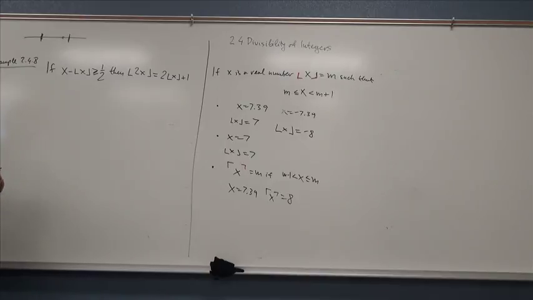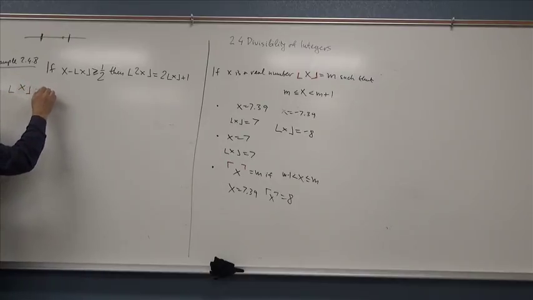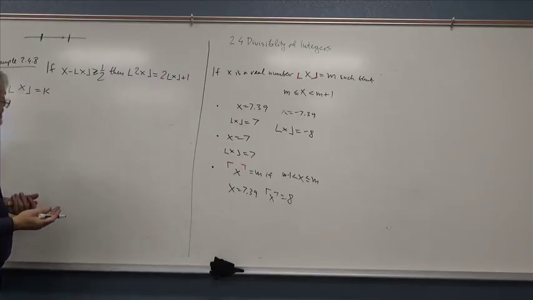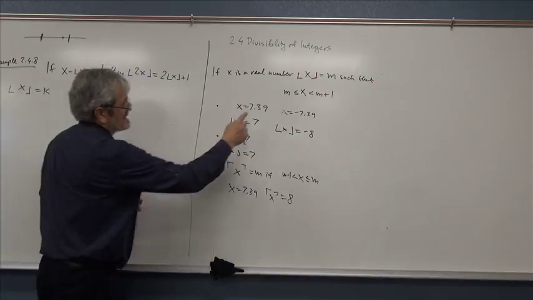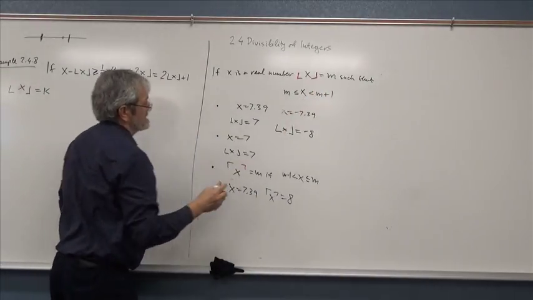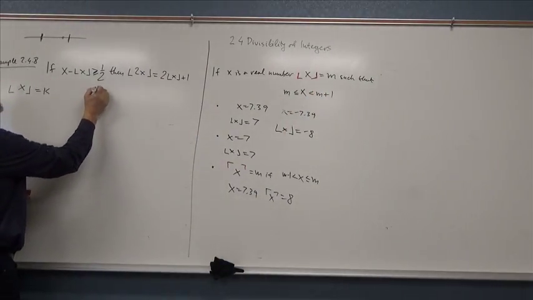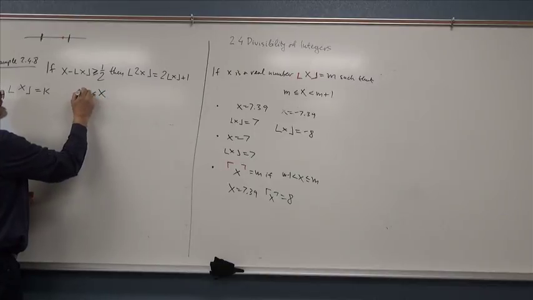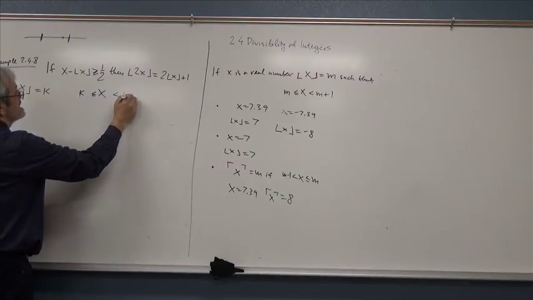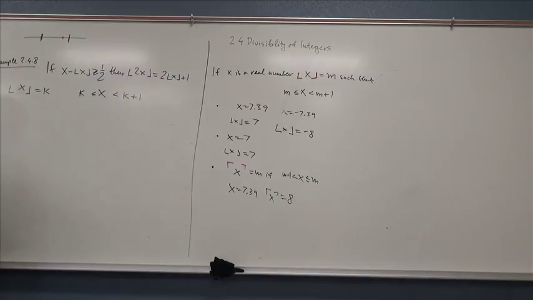Let's see, how do we write that? So we say the following. I want to go to the definition, and I'll give a name to the floor of x, and I'll call it k. So we have a name for the object, which helps me to work with it, and it says you are the floor. That means x is greater than or equal to k, and less than k plus 1.